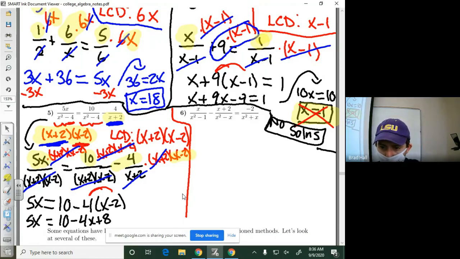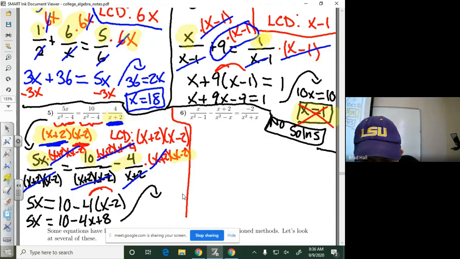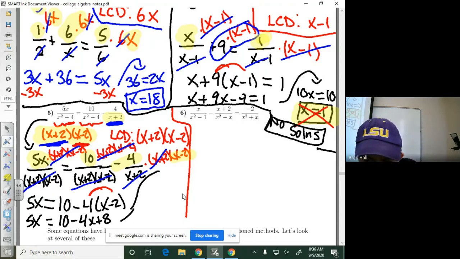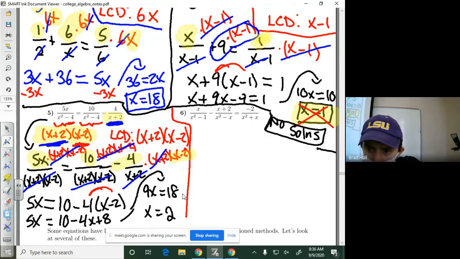So we can distribute that. And since I'm running out of room, include that x is 2. We get 9x. Actually, I can put that here. 9x is equal to 18, and then x is 2.